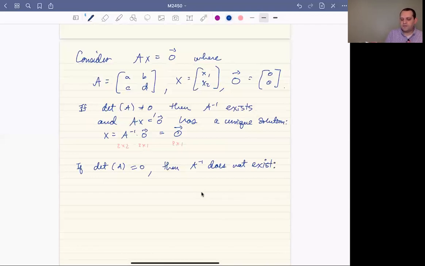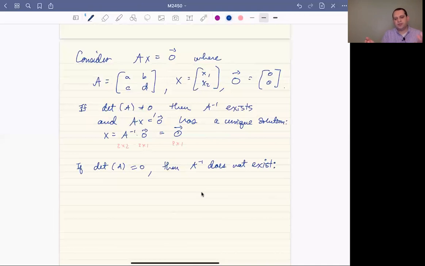But we know that if A inverse does not exist, then the system, or the matrix equation, however you want to think about it, has either 0 solutions or infinitely many solutions. If you have AX equals 0, it turns out that you always have at least one solution. You can always take X to be the 0 vector of whatever appropriate size. So there's always at least one solution, namely when you have 0 all the way down.